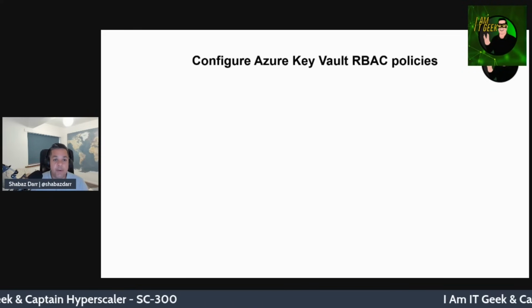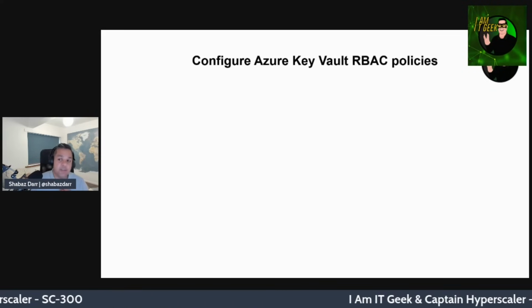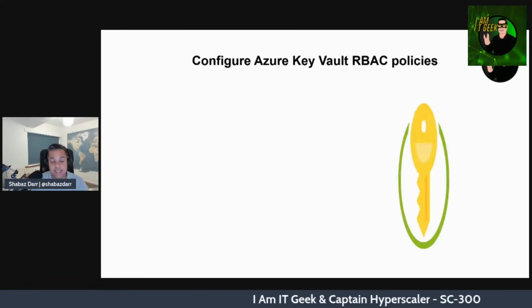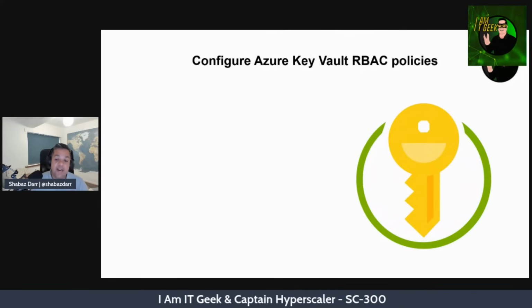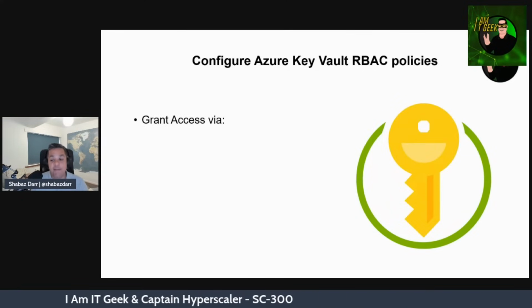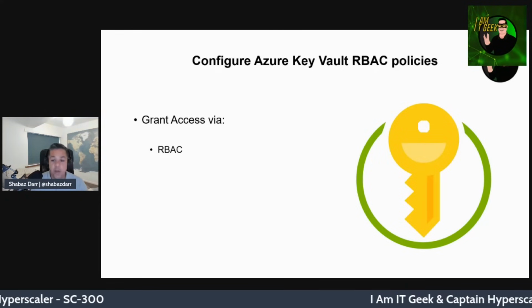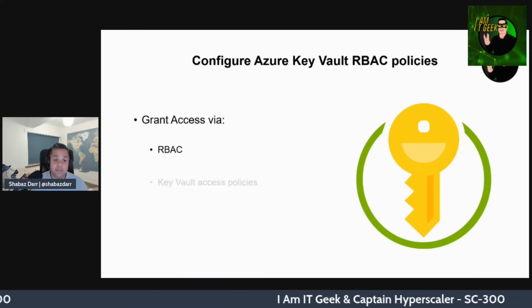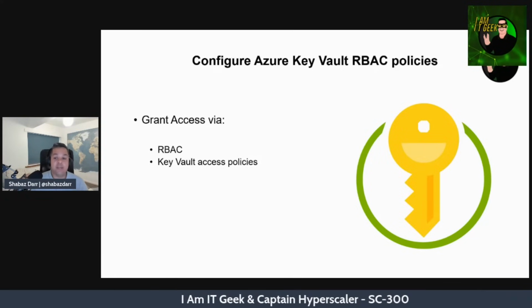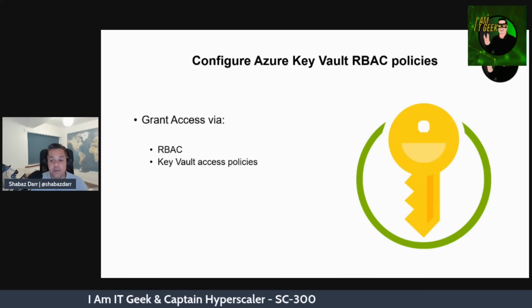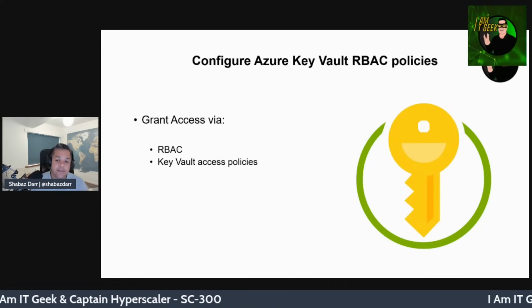So I just want to talk about configuring Azure Key Vault RBAC policies. This is something we're going to see in the demo later. You can grant access to Azure Key Vault using either role-based access control, or RBAC as we know it, or using something called Key Vault access policies. Either method works to protect your secrets, certificates, and keys.